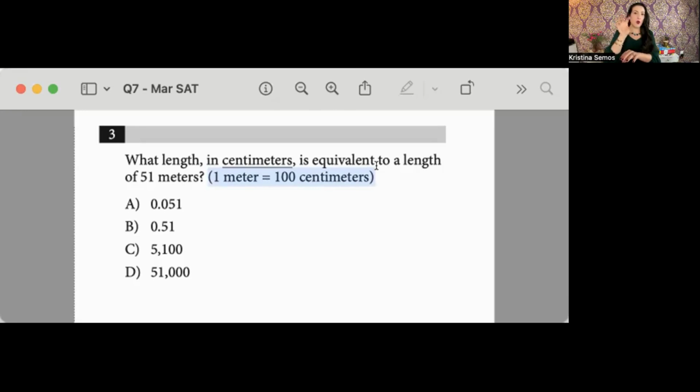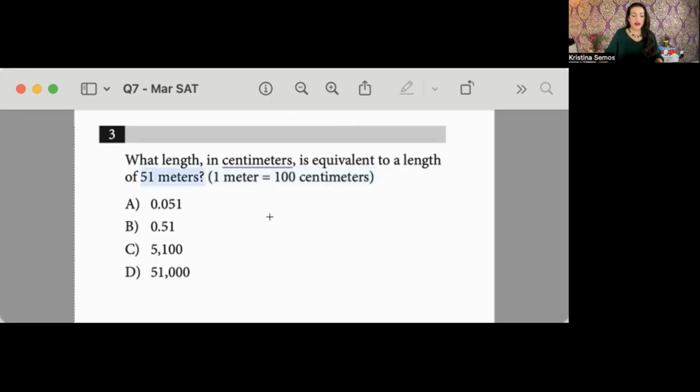So I can multiply by 1 meter over 100 centimeters, or I could multiply by a factor of 100 centimeters over 1 meter. So now here's the deal. What unit do I ultimately want to be in? Whatever that is, that needs to be in the numerator. Whatever unit I no longer want to be in, I need to have it in the denominator somewhere so I can cancel out that unit with what I have.